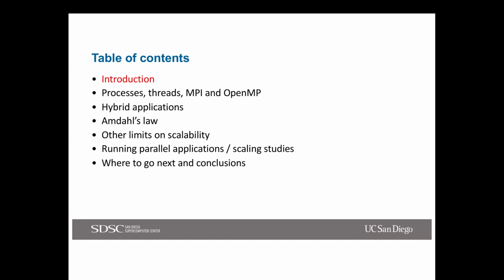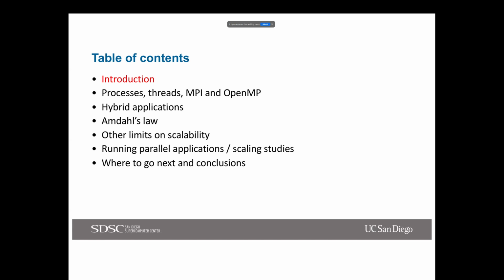So today's topic is parallel computing concepts, and the goal of this session is to teach you some of the terminology and definitions around parallel applications as run on high performance computing systems, supercomputers like Expanse. So if you're very familiar with things like MPI and OpenMP, processes and threads, this might be pretty introductory material for you.